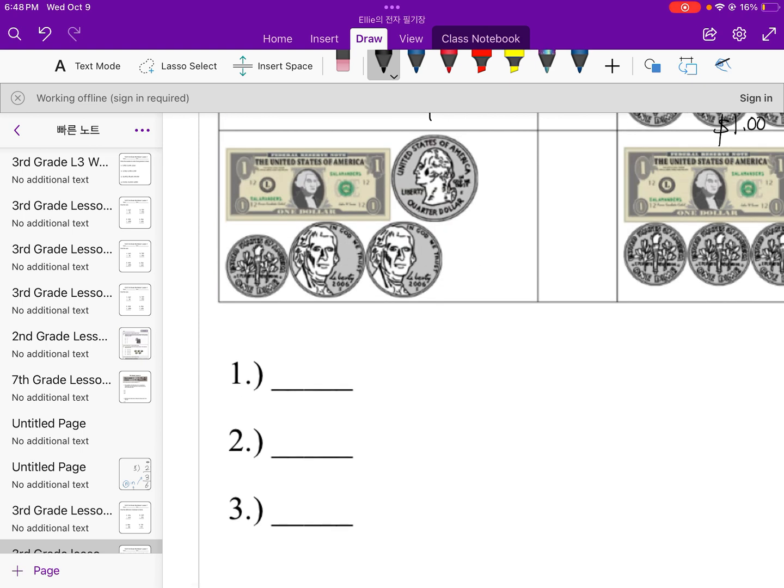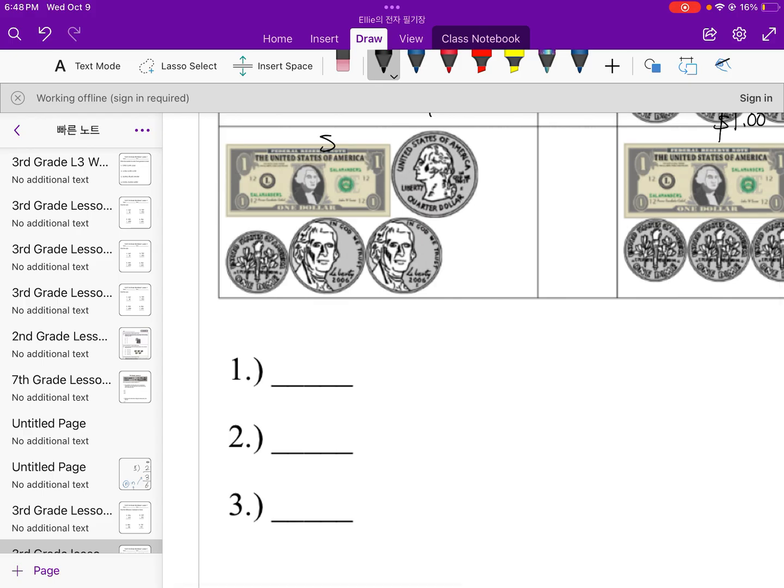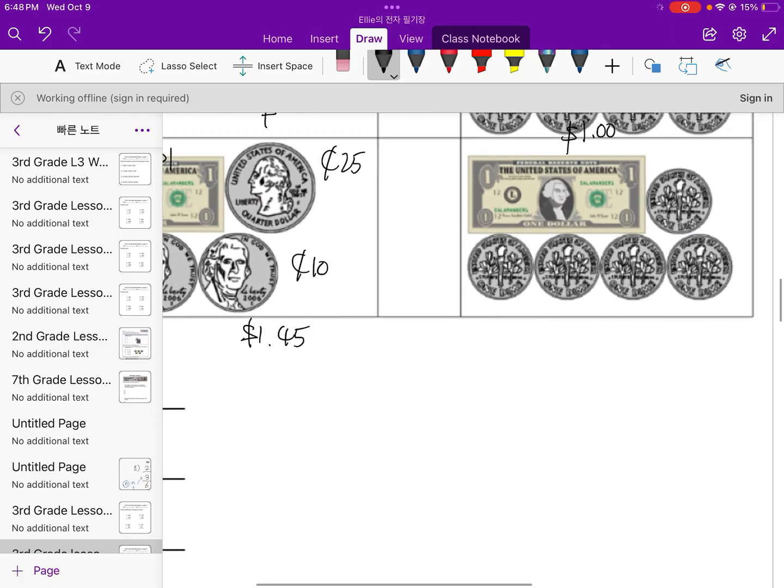For number 3, we have $1 and a quarter, so 25 cents, and 2 nickels, so that's 10 cents, and this dime, so 10 cents again. So in total, it should be $1.45, sorry.